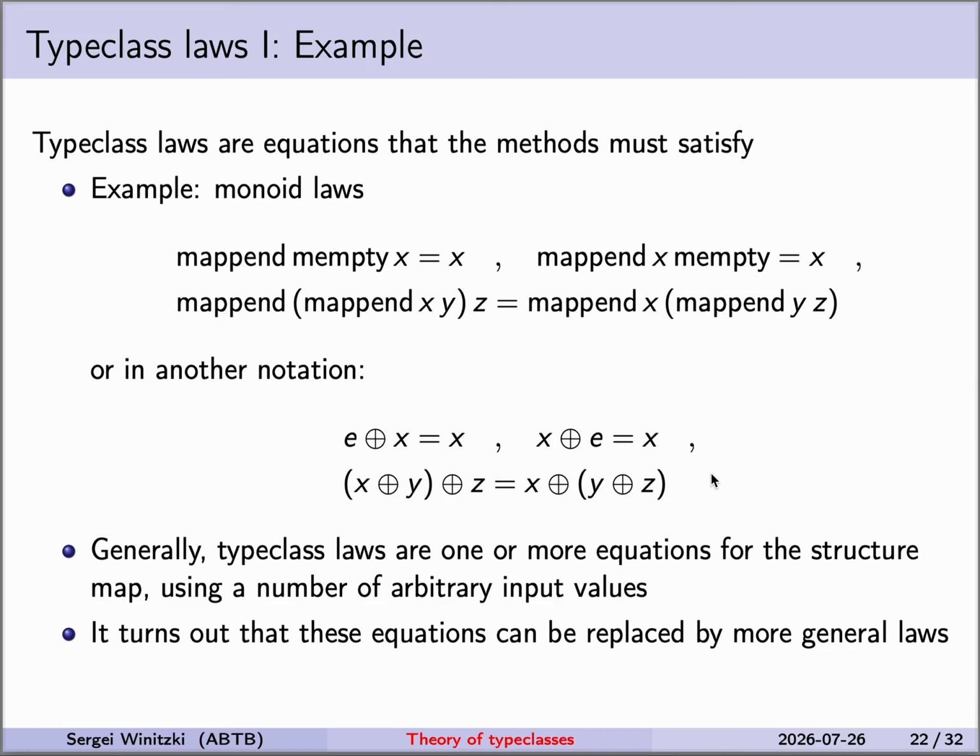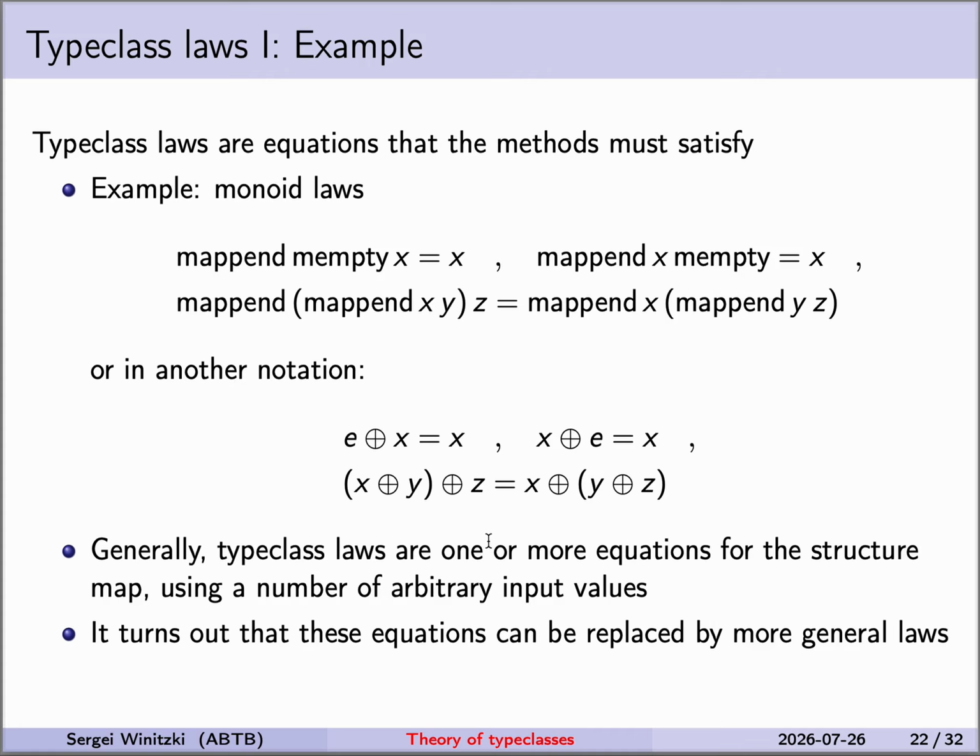So usually we do not impose them for a monoid, but in practice many monoids will have more laws, such as, for instance, the idempotency law, that x plus x is always equal to x for any x. So there might be other type classes with monoid laws and extra laws on top, which are formulated with more equations.